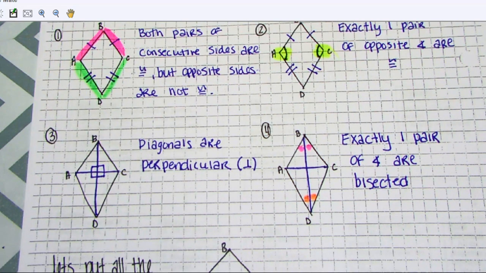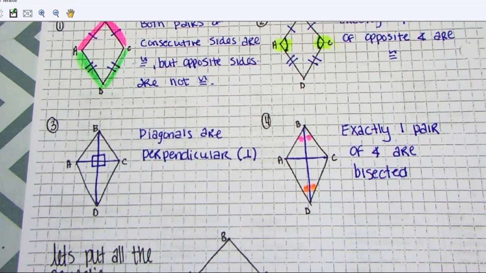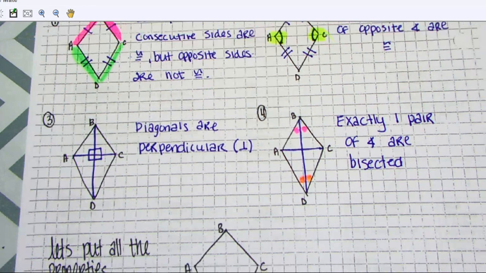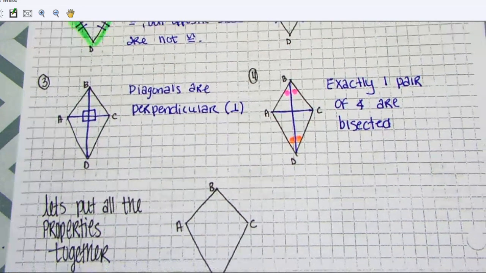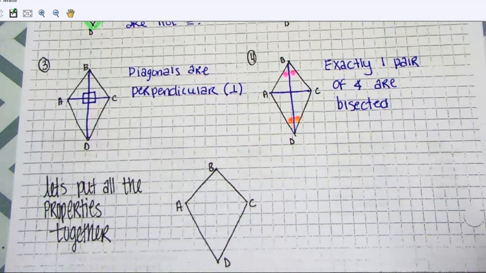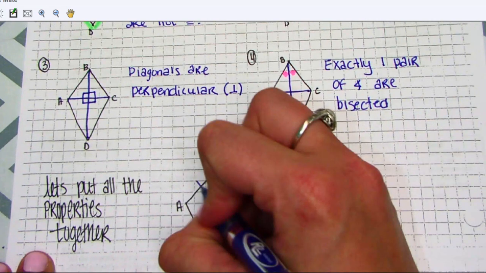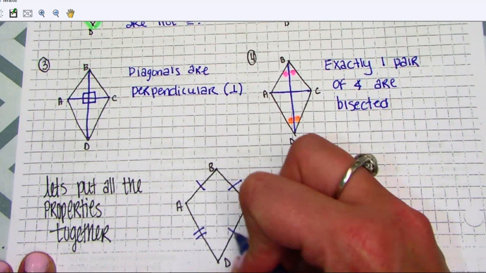So on the bottom, we're going to put it all together, just like what you did with the parallelograms and how to label the pictures of things that are equal. We're putting all of these properties onto one shape to summarize them together. The first important thing is that the 2 top pieces are equal and the 2 bottom pieces are equal. So this one and this one, this one and this one.